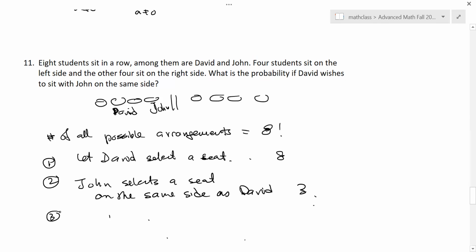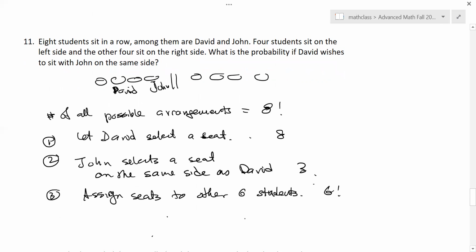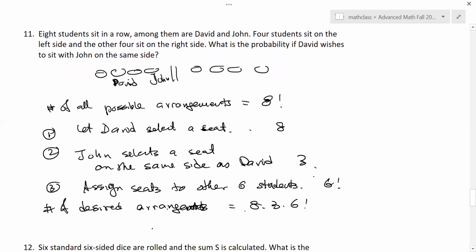Then third step, assign seats to the other 6 students. You have 6 seats left, 6 students left, randomly permute them, so there are 6 factorial. So the number of desired arrangements is 8 times 3 times 6 factorial.